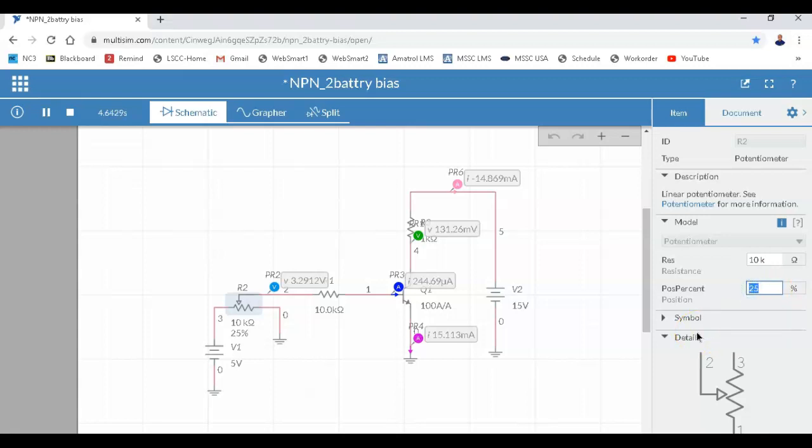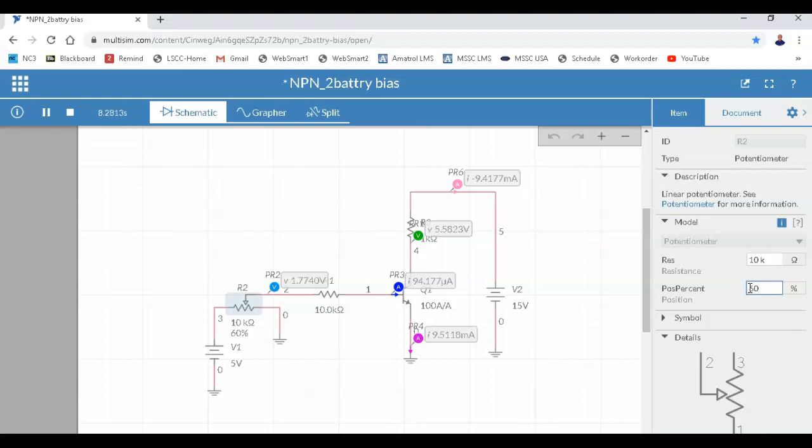We move towards saturation. So this is 60%, and now it's dropping 5.582 volts.